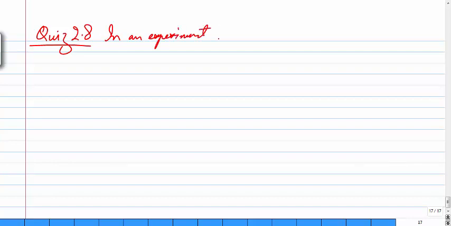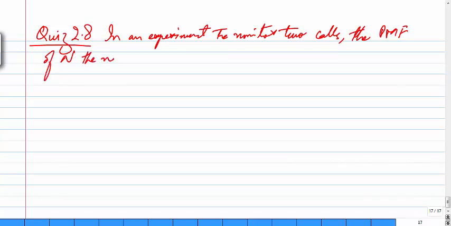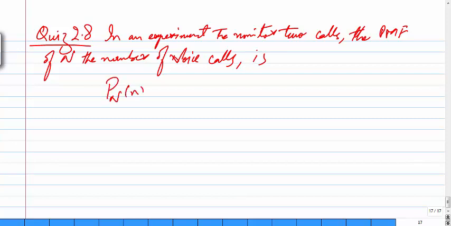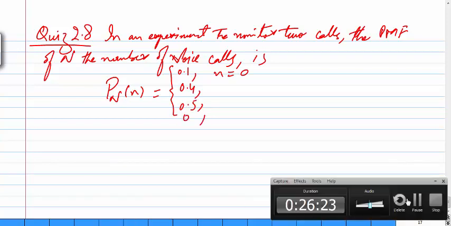Now we move to a quiz here. Quiz 2.8. The quiz says that in an experiment to monitor two calls, the PMF of n, the number of voice calls, is given to us: we have 0.1 when n equals 0, and then we have 0.4, then we have 0.5, then 0 otherwise.